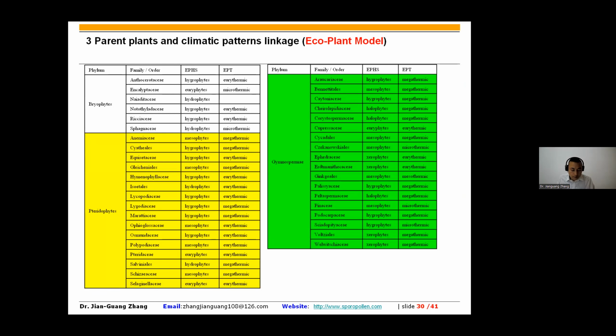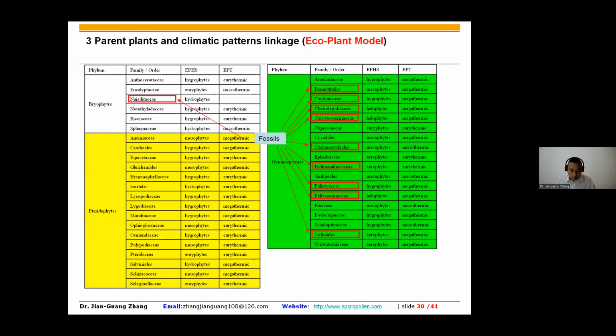Here are all the published bryophytes, pteridophytes, and gymnosperms and their climatic patterns. I linked the dispersed spores and pollen to them. Some plants have extant descendants.